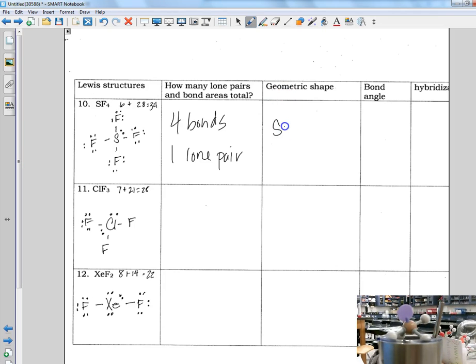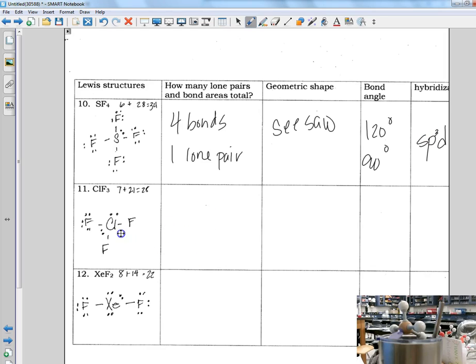So this shape is the seesaw. Our bond angle, we have 120 degrees, and then we have 90 degrees. And our hybridization is sp3d.